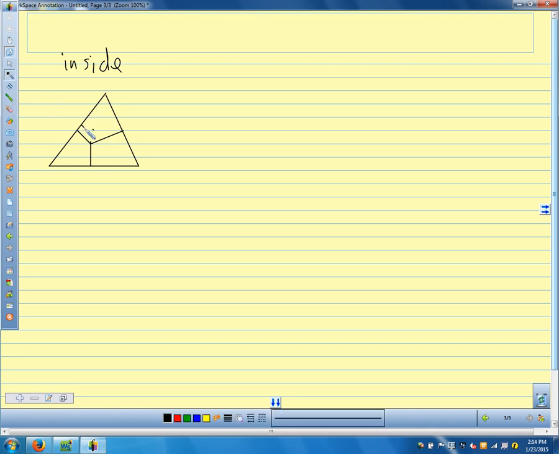And these are the perpendicular bisectors. I know they're not perfect, but so our circumcenter can be inside the triangle. It can be on the triangle. If we have a right triangle, our circumcenter turns out to be on the triangle.